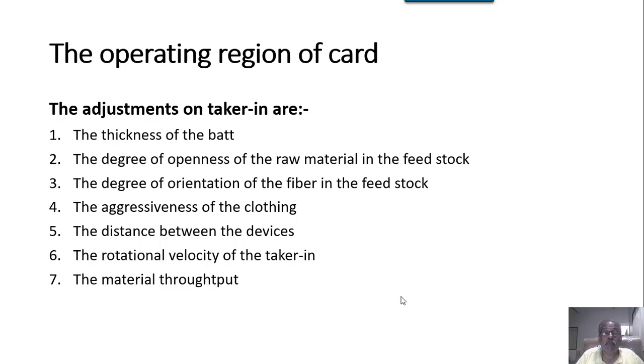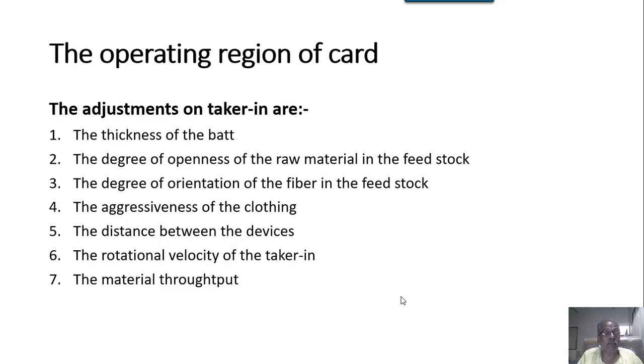The thickness of the bed plays a vital role, because thickness of the bed plus the regularity of the bed will play a vital role, because based on that our point density has to be fixed, based on that our speed has to be fixed, etc. So these are the linked concepts to one another.